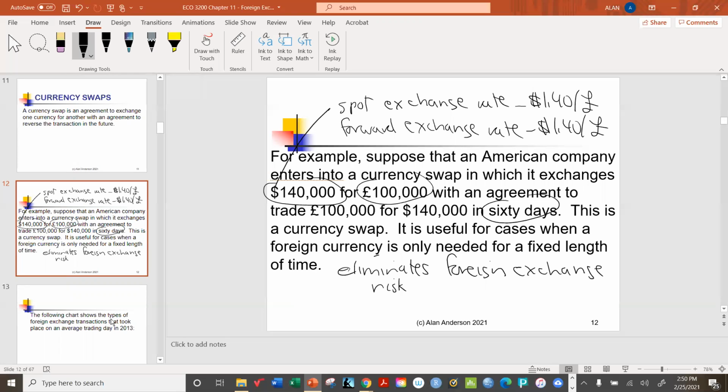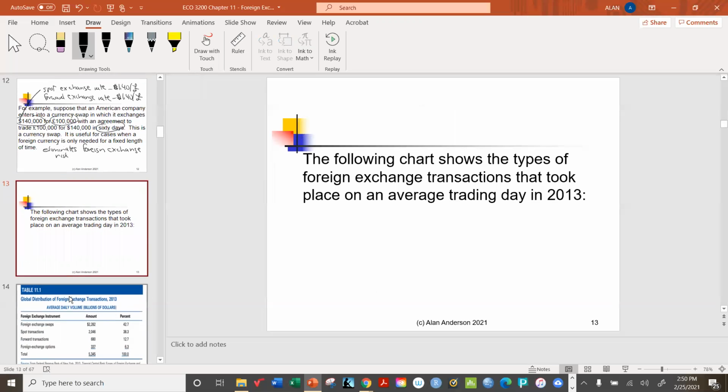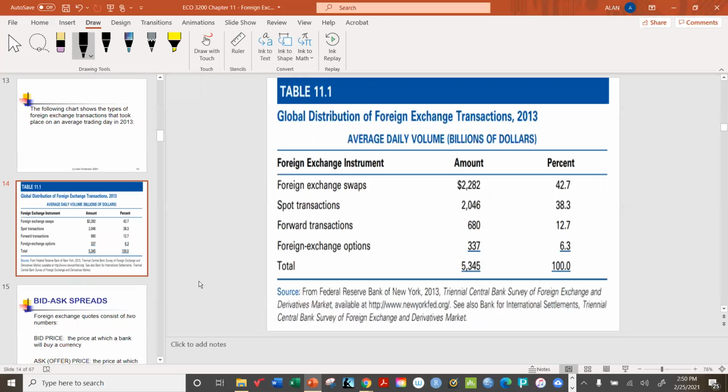Now, I've got a chart here that shows you how the volume of trading in each of these types of transactions during a typical day. Now, it's a little outdated. This is for 2013, but it gives you an idea of how much trading takes place in these markets every single day. So look at this. That's a lot.